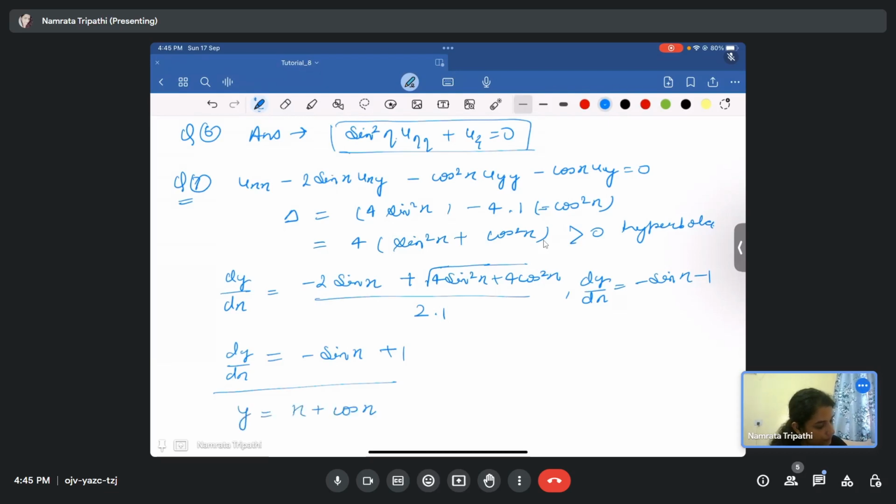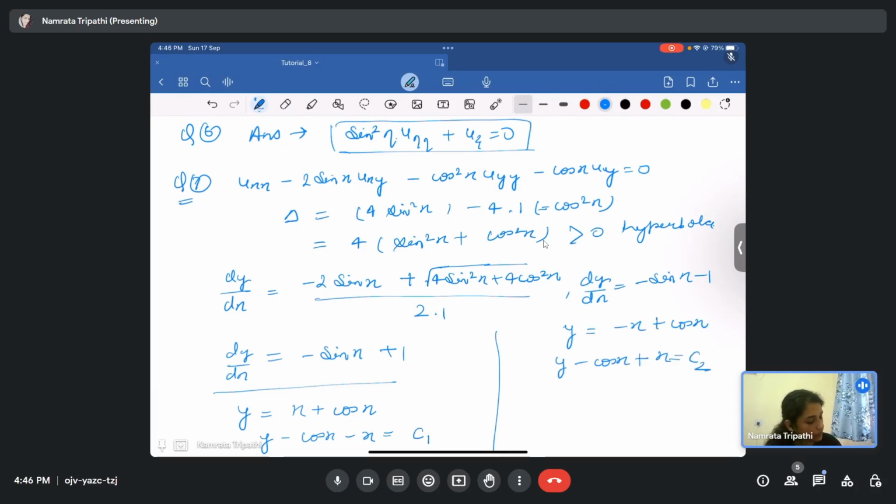Fine. That means y minus cos of x minus x is equal to c1. And from here y minus x minus, this will become plus, minus cos of x plus x, let's say c2.